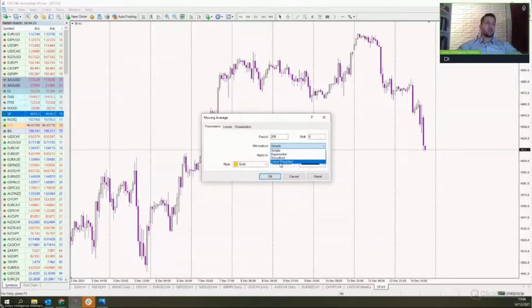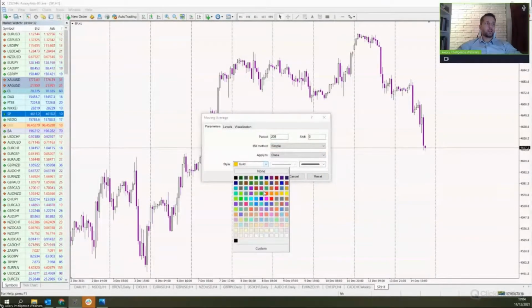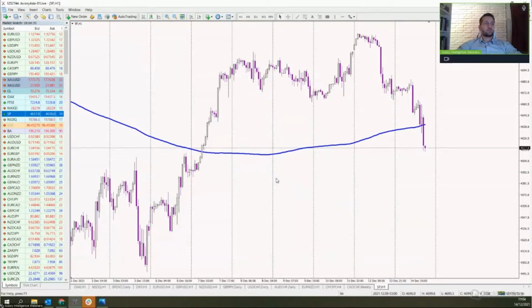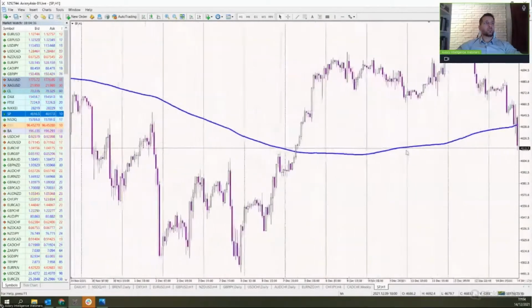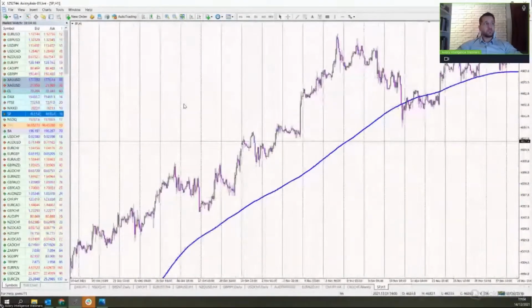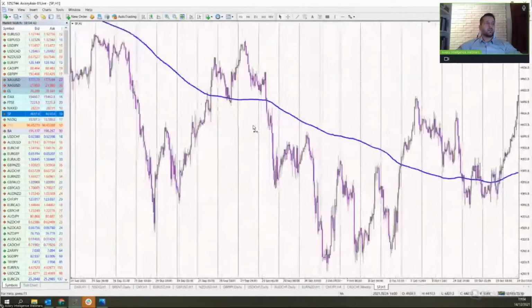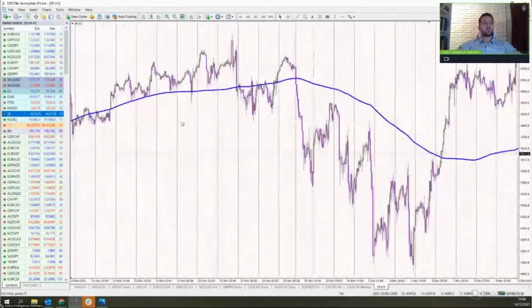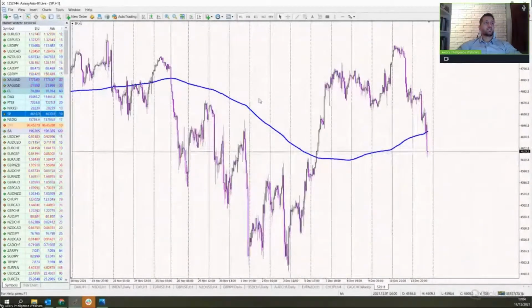Smoothed and linear weighted exist too, but mostly people use simple moving average or exponential, and you apply it to close. Color can be like this. So this is 200, and you can see that 200 really should correspond with the price, and it does.